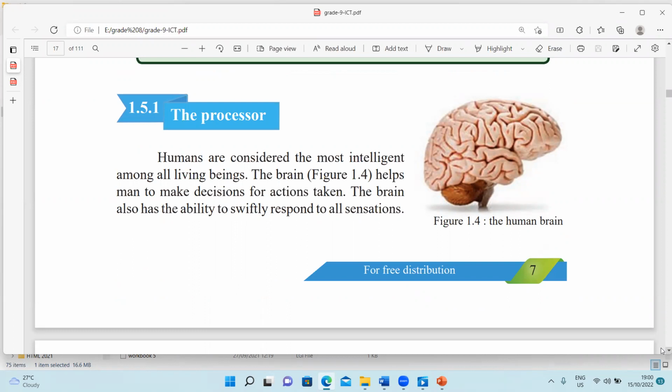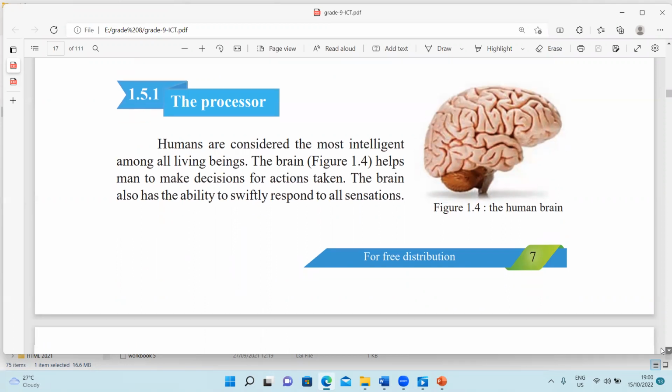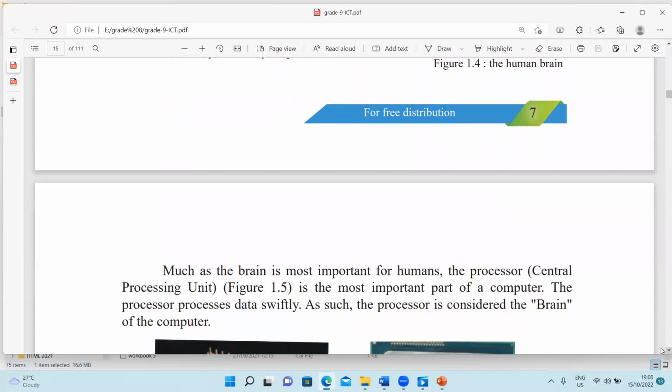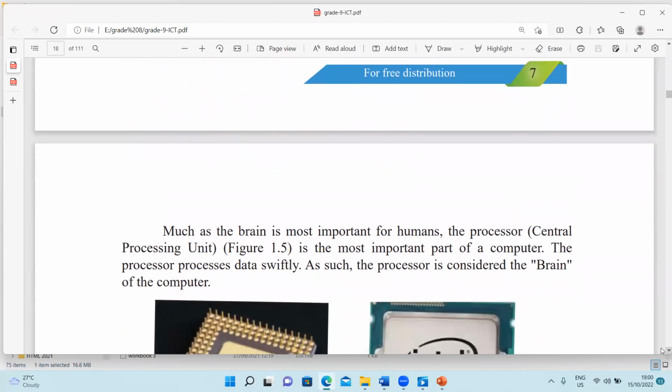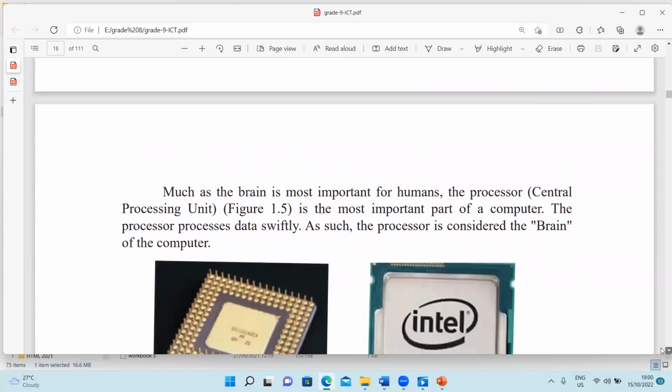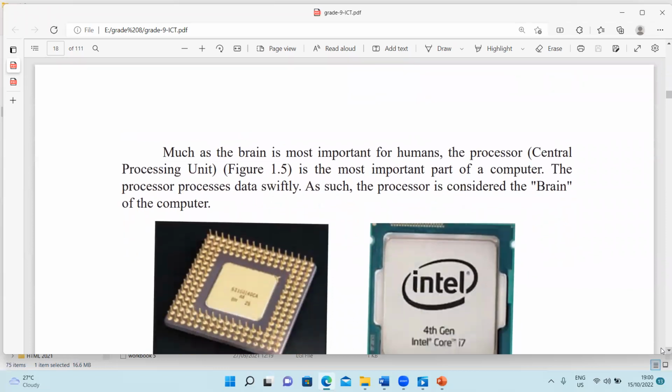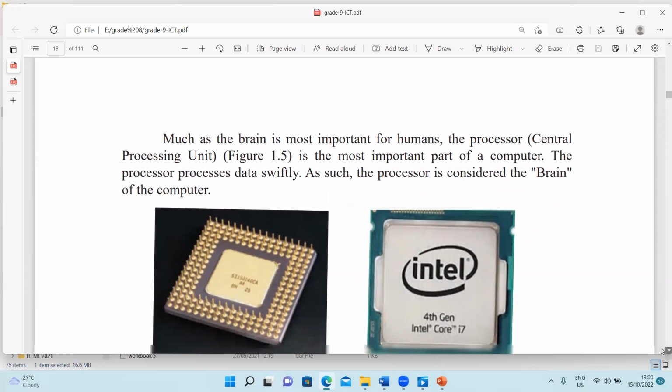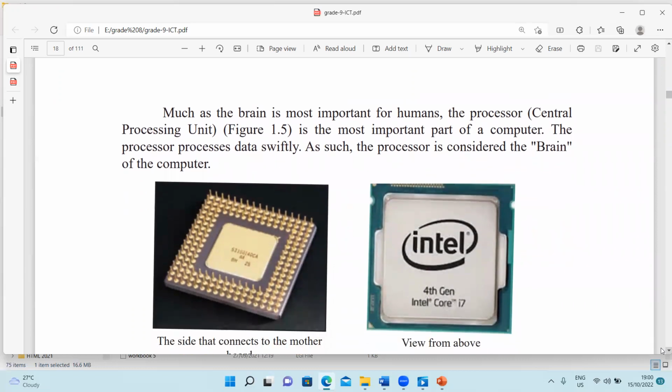If you are late to give the answer, then you are slow. Likewise, a computer also consists of a processor. If it is going to give the answers with delay, then we call it slow. Just as the brain is most important for humans, the central processing unit is the most important part of the computer. The processor processes data swiftly.